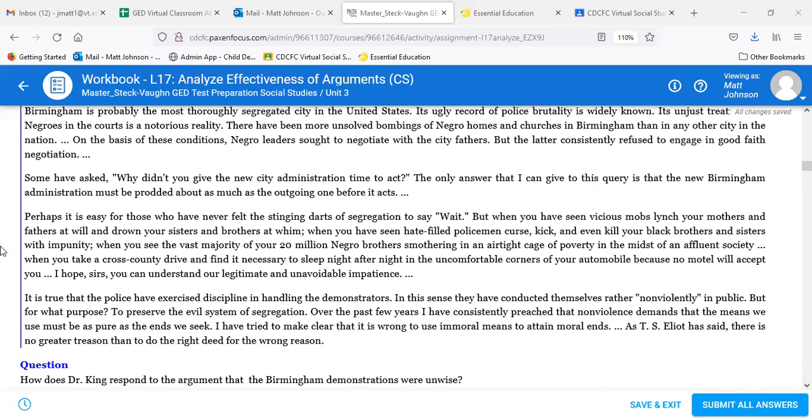The only answer I can give to this query is that the new administration must be prodded about as much as the outgoing one before it acts.